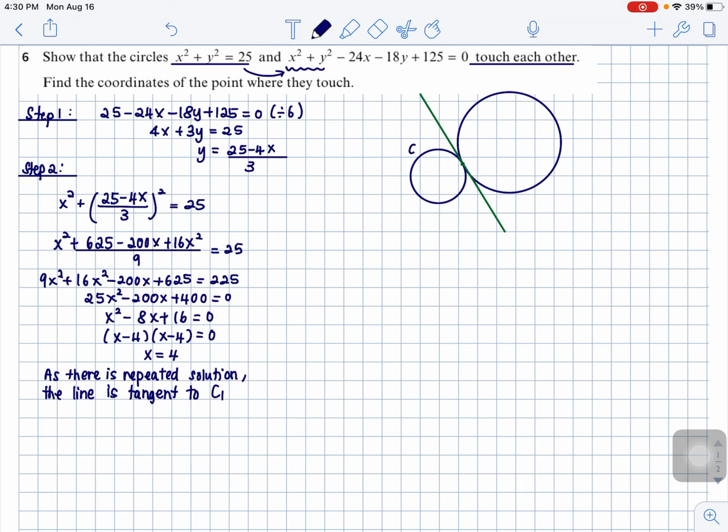So let me label this as circle 1 and this as circle 2. You have to do the same thing with the other circle, and you have to show me that you again get x equals 4. If that happens, then I know that the circles are touching.